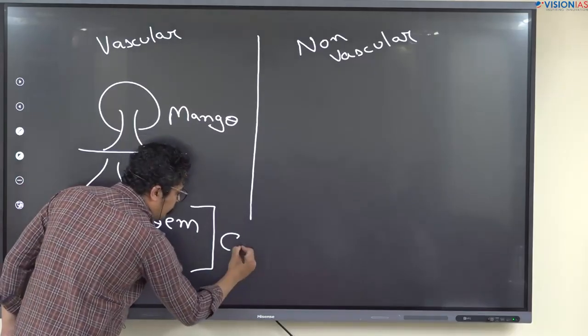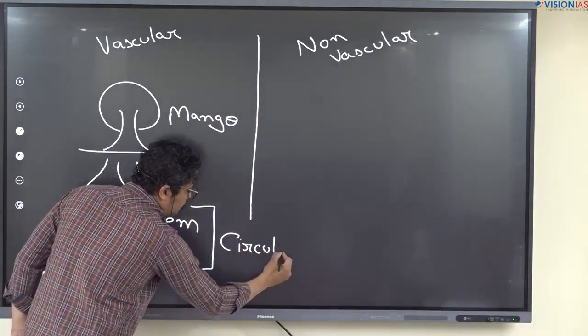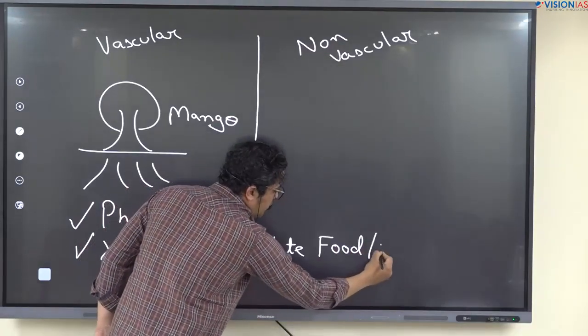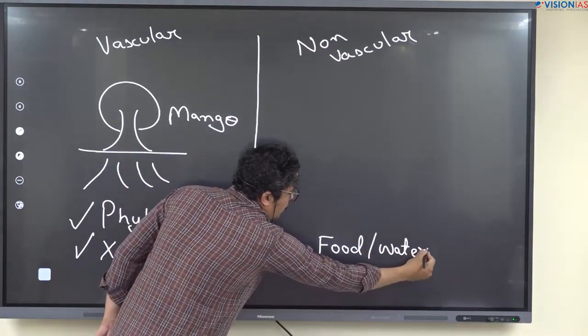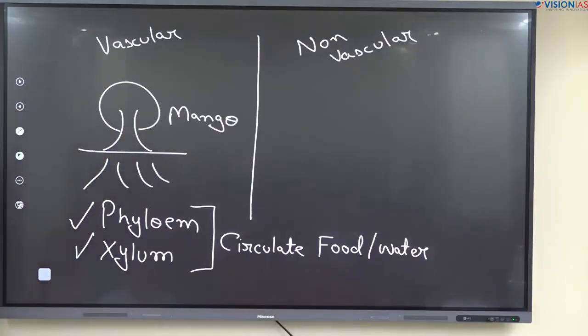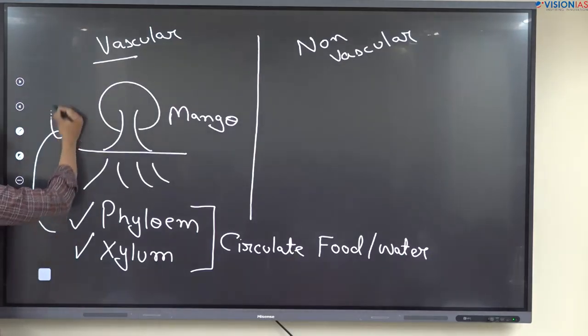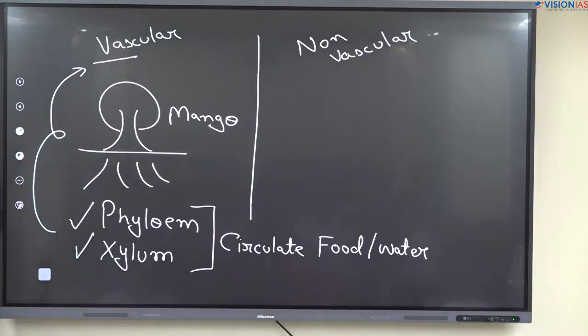They circulate food and water. This is the role of phloem and xylem. You also have a circulation mechanism in your body. Plants also need it. So that plant which has phloem and xylem in it, what do you call that plant? Vascular plants. Generally big plants.